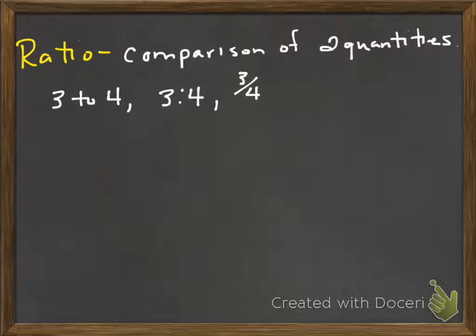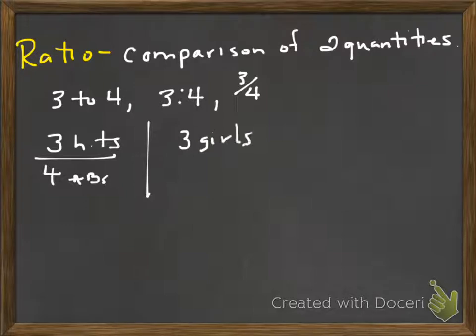For example, there's a couple of ways you can look at this. If I was talking about baseball, I could say I had 3 hits out of 4 at-bats, which we call ABs in baseball. Or, there's 3 girls out of 10 students.